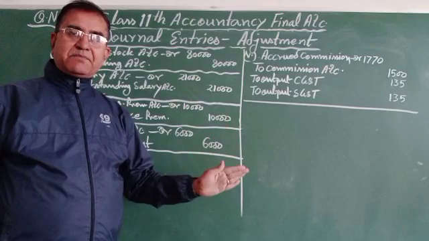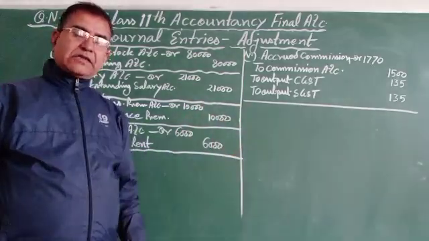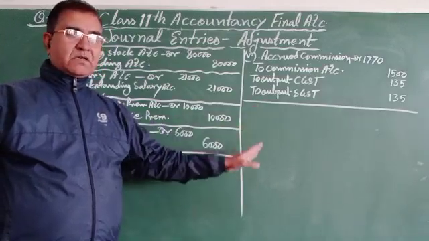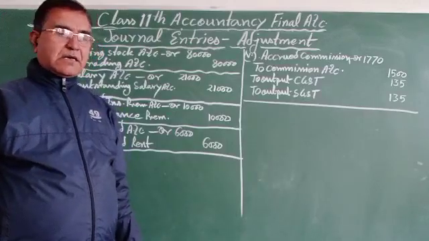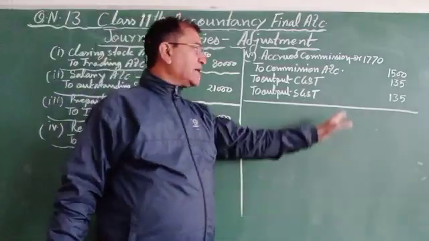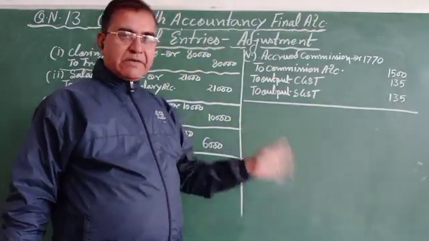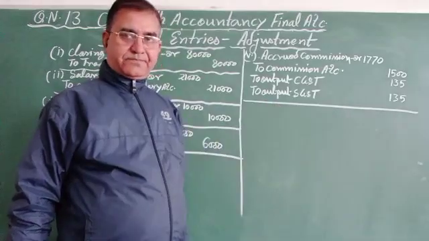We can receive this income in the next year. So that's why it will be an asset of the enterprise, and 135 will be adjusted in the output GST given in the trial balance. It will be added.